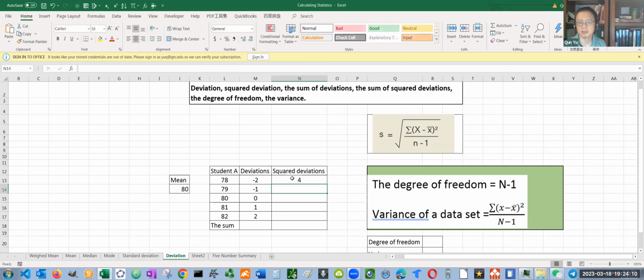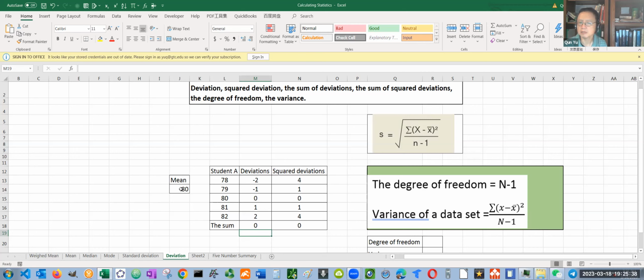So half of the deviations as a result will be negative. The other half will be positive. The amount of negative deviation and the amount of positive deviation are the same. So when they add together, the total deviation is always 0. So when you answer your homework questions, if they ask you what is the total deviation, the answer is 0.